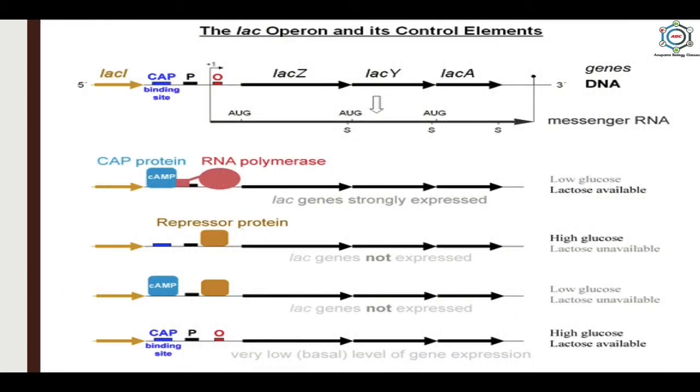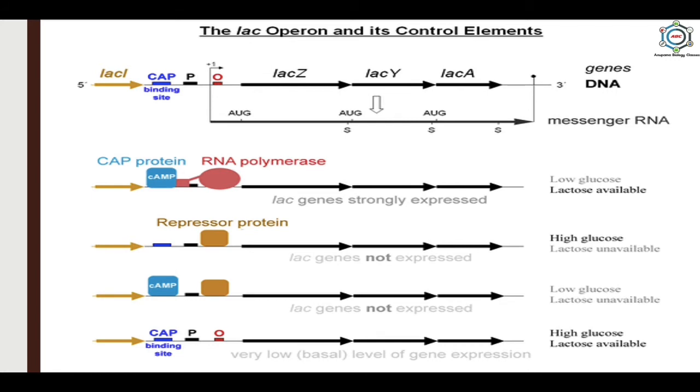Here you can see the lac operon and its control elements. So the inducible operons generally function in catabolic pathways. Here you can see that the LAC-Z, LAC-Y and LAC-A genes form the enzymes, that is messenger RNA. When there is low glucose and lactose is available, lac genes are strongly expressed.